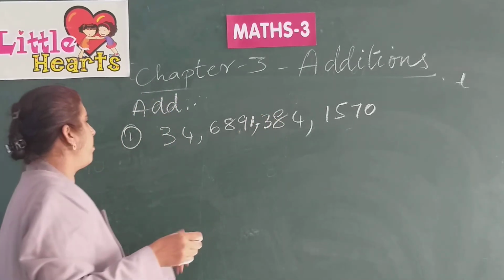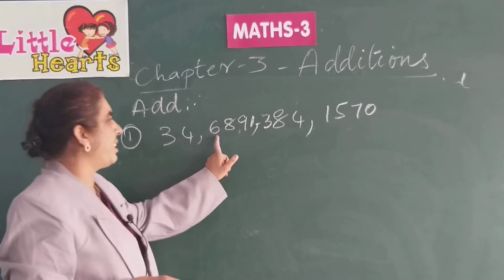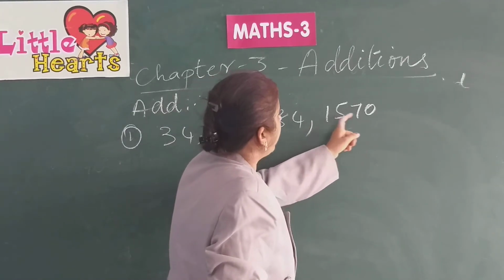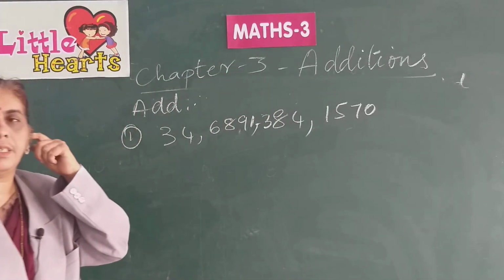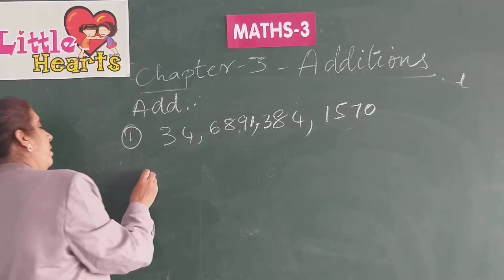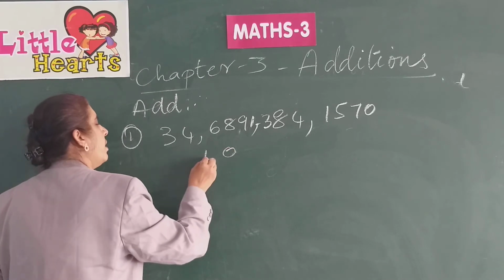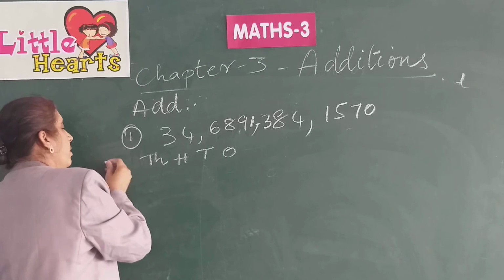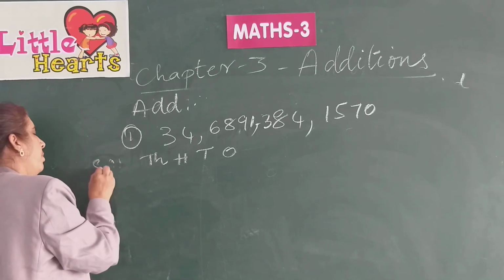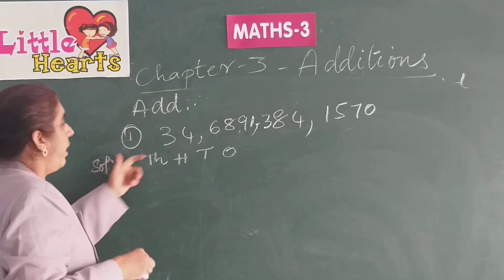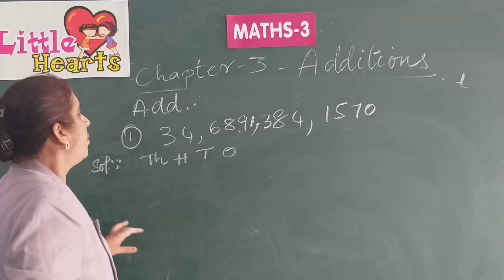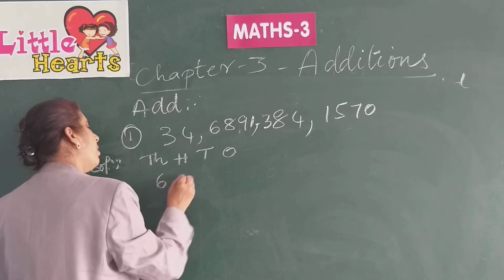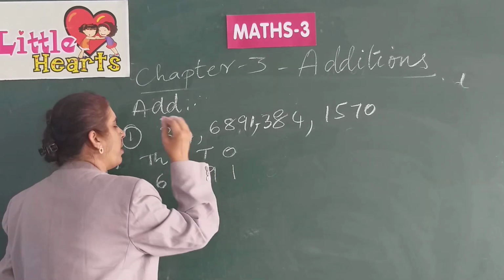So add these numbers now. 34, 6,891, 384, 1,570. Now ones, tens, hundreds, thousands. So arrange them in columns. First write these 4-digit numbers first. 6,891.